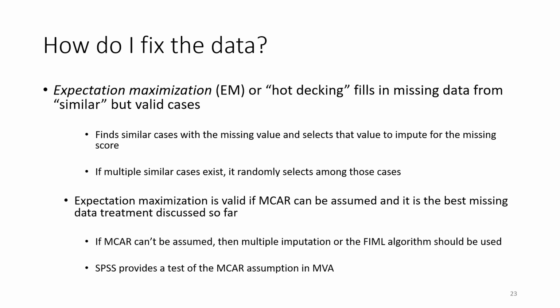By similar, it finds one or more cases that have similar values on other variables. And then it randomly selects one of those similar cases, takes the valid value and uses that to fill in the missing data.